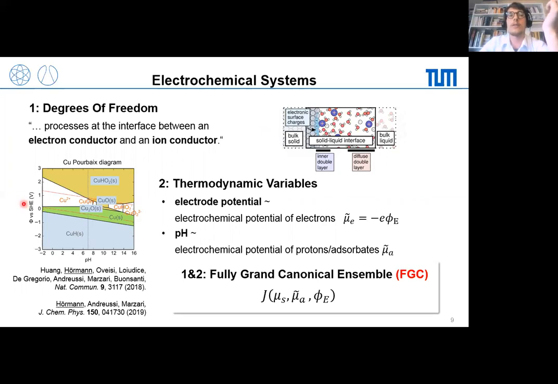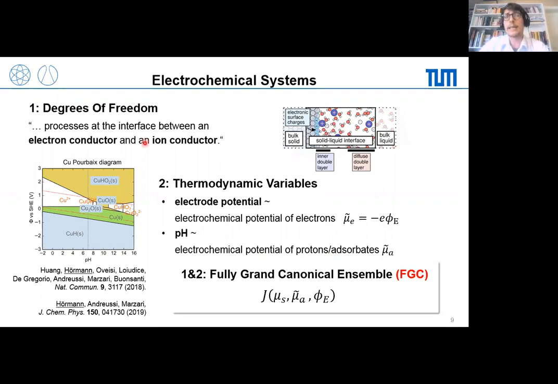And this is also straightforward. If we just look at a Pourbaix diagram, these are typically two-dimensional, and we have on the one hand the pH, and on the other hand the electrode potential. So this tells us that the relevant thermodynamic variables are the electrochemical potential of the electrons, so the electrode potential, and the pH, which relates, of course, to the electrochemical potential of the protons, or of any other adsorbates that we might want to look at.